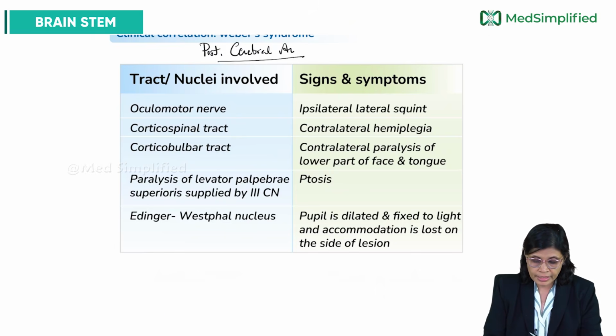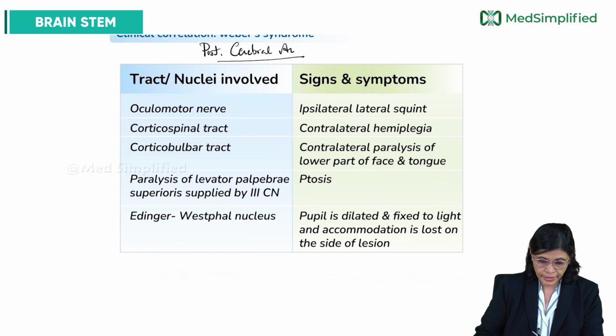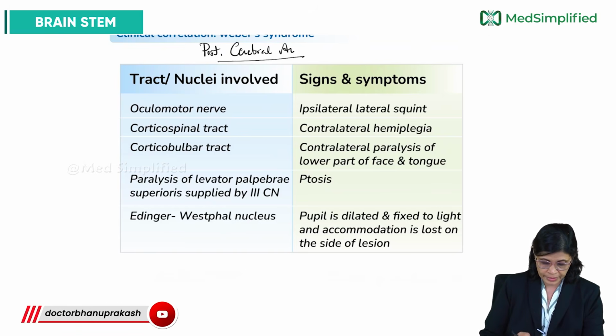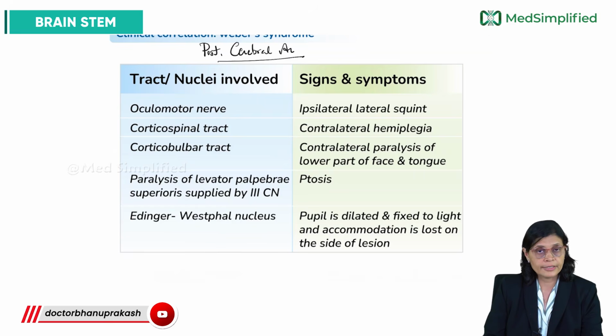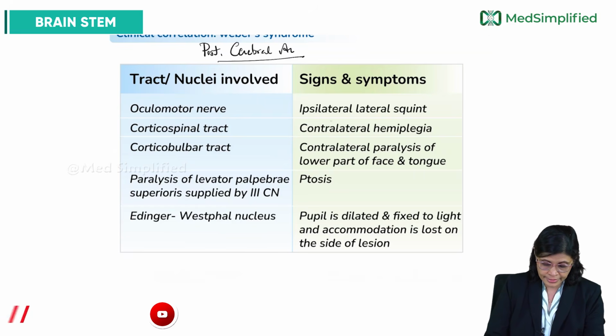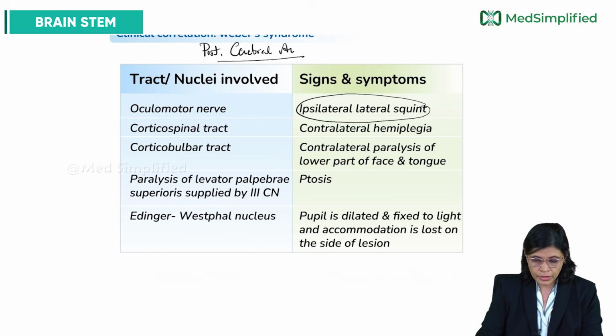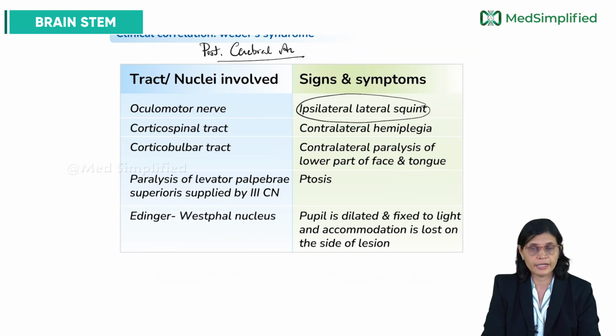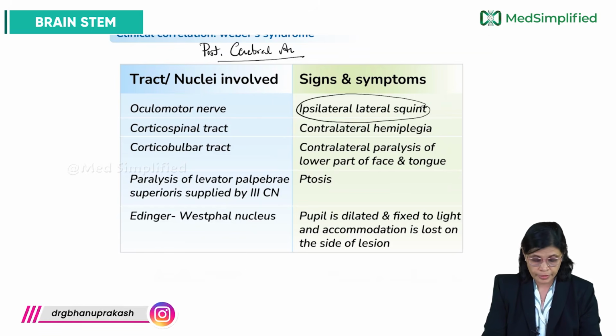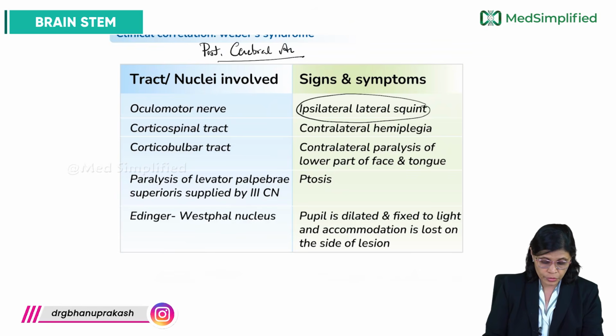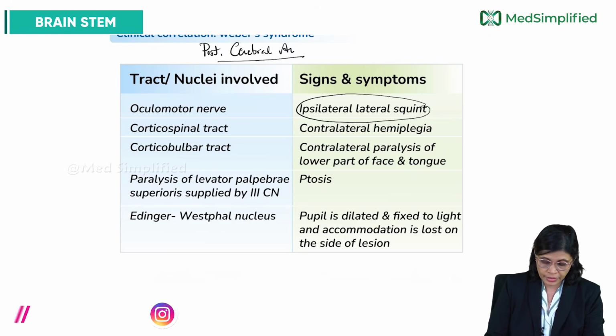Here the lesion involves the oculomotor nerve and the crus cerebri. What will happen there? Because it involves the crus cerebri as well as the oculomotor nerve, there will be ipsilateral lateral squint due to the involvement of the third cranial nerve, the oculomotor nerve, and the corticospinal tract, because of which on the opposite side, contralateral, there will be hemiplegia.